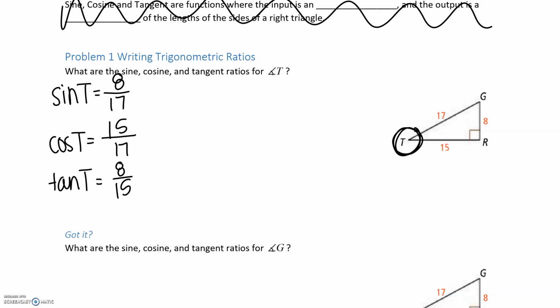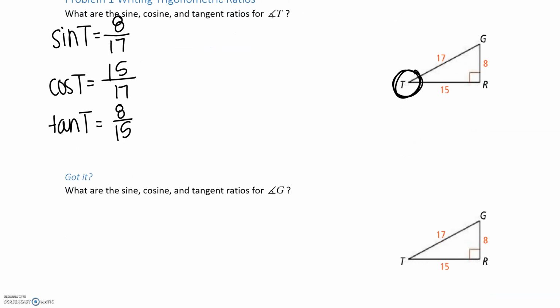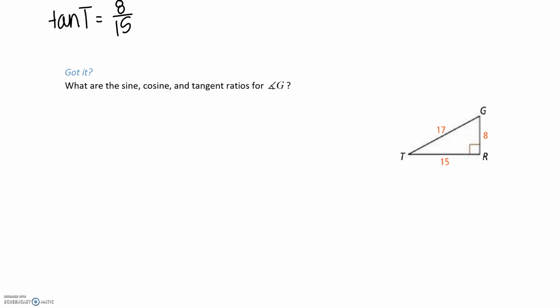So when we're writing our trigonometric ratios, that's all we're writing, that sine, cosine, tangent, and the ratios that come out of it. So for this one, now we're going to look at G. So for our sine of G, we're going to do our opposite of G, which is in this case 15, over our hypotenuse, which is 17. Then we're going to have cosine of G, which is going to be our adjacent.